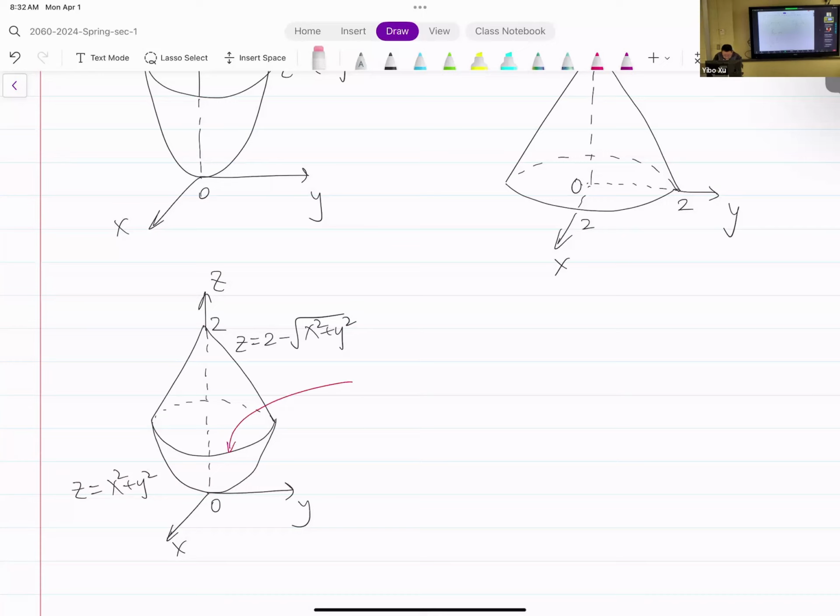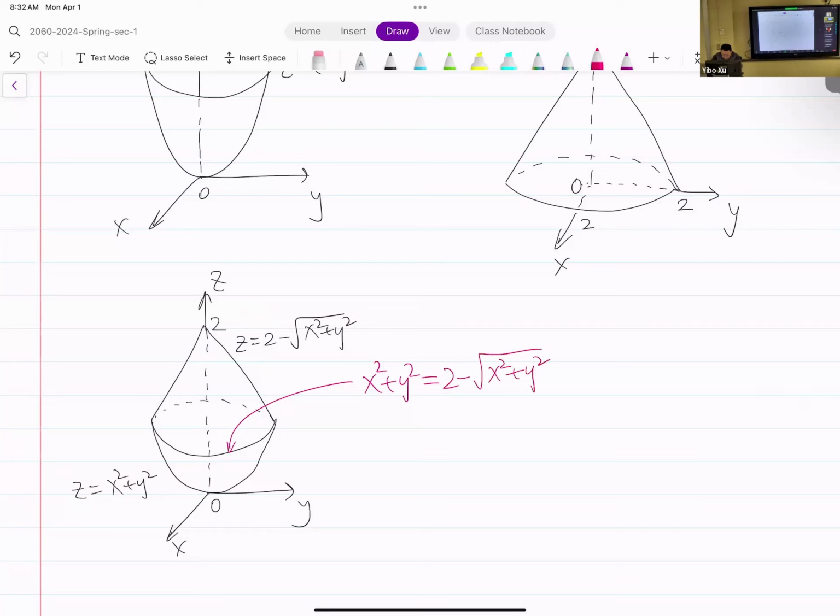When you do the intersection, you want to make sure the z value of the upper bounding surface equals the z value of the lower bounding surface. It's making the two equations satisfied at the same time. So getting rid of the z, you will have x squared plus y squared equals the functional value of the cone.